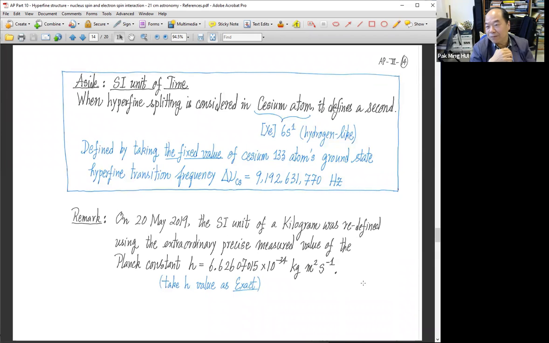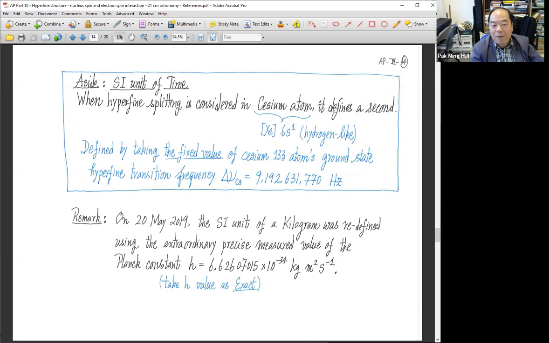You look it up from the official site, IUPAP. They meet every 3 years to see whether we need new definitions for the basic units. So the current definition of 1 second is as follows. Take a cesium atom.